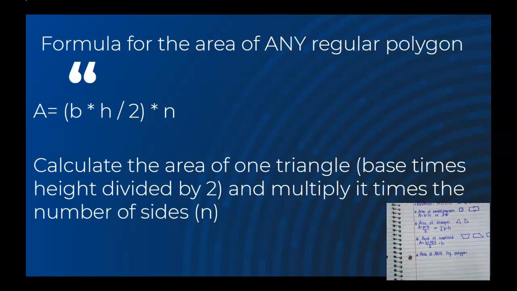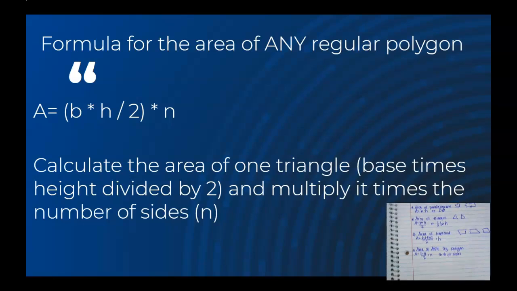That could be any number of sides. We could figure out something with 100 sides. I'm definitely not drawing that for you. So our area would be base times height divided by 2 times n. N is your number of sides. So go ahead and pause to write that formula in.